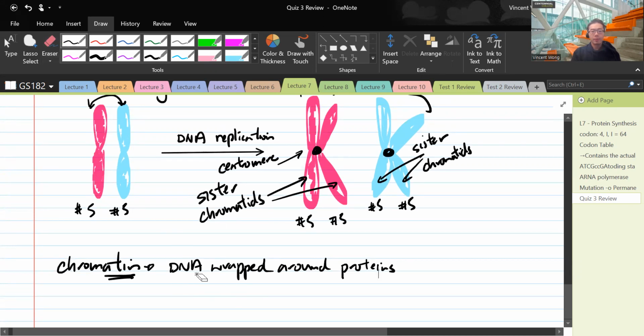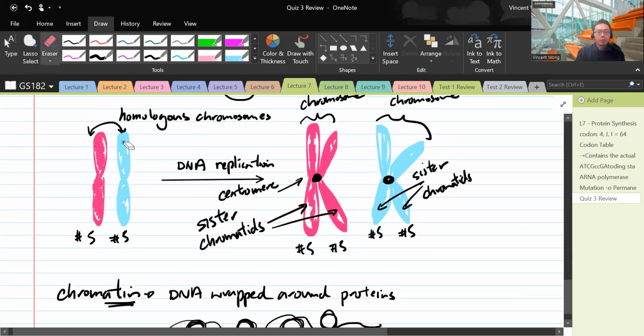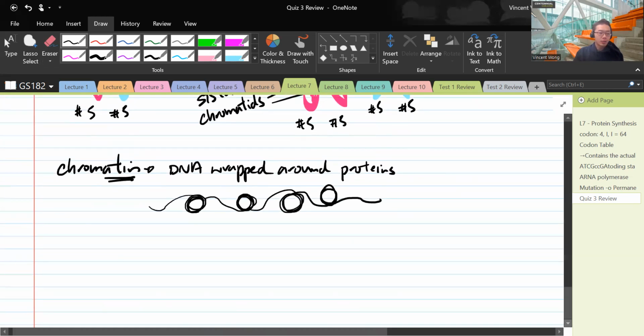If you remember in class, there's a picture of DNA wrapped around little balls, like strings around a yo-yo. So that's the chromatin, T-I-N. And the chromatid, T-I-D, refers to when, after you replicate, they're stuck together. So homologous chromosomes, sister chromatids, yeah, basically that's that.